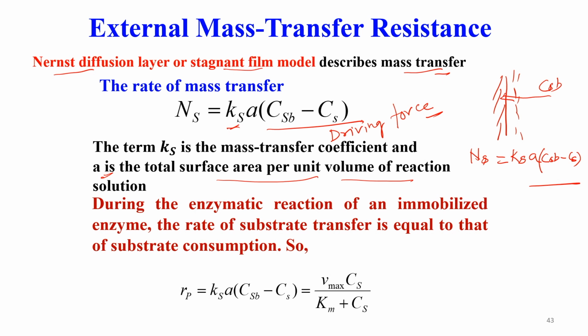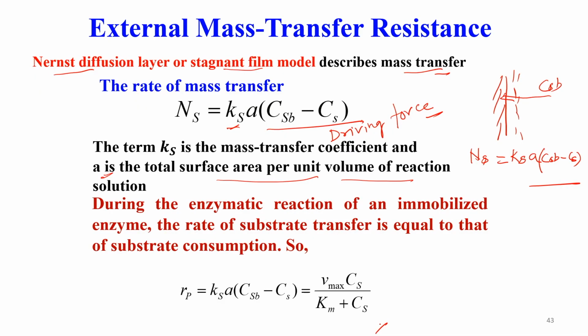Now, during this enzymatic reaction, let us say it is at steady state, then whatever substrate is coming to the enzyme surface, the same is being utilized through enzymatic reaction. So, the rate of substrate in and the rate of substrate consumption should be equal. The rate of substrate transfer we have already discussed, Ks A (CSB minus Cs), and this should equal the substrate consumption rate.